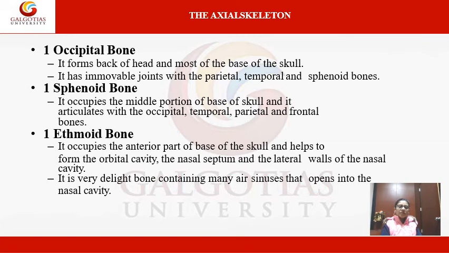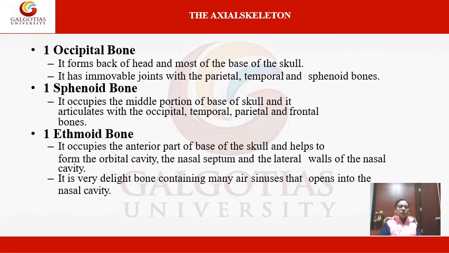In the axial skeleton, the next bone is one occipital bone, which is present at the back of your head and forms most of the base of your skull. It has immovable joints with the parietal, temporal and sphenoid bones. Next is sphenoid bone. It occupies the middle portion of the base of the skull and articulates with the occipital, temporal, parietal and frontal bones.